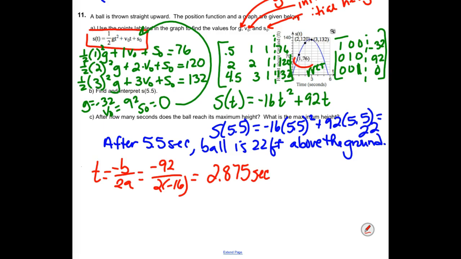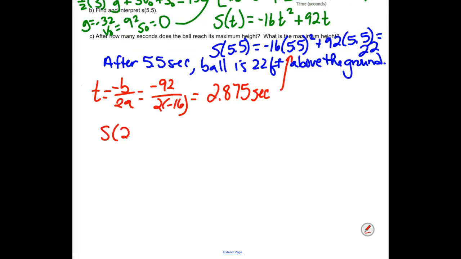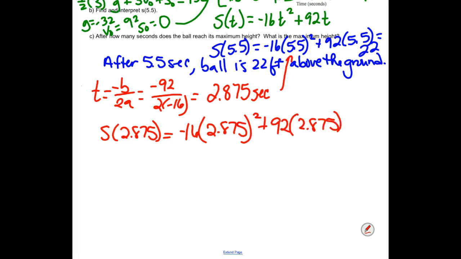Our maximum is actually at 2.875 seconds. Can we then dump that back in just like we did here and figure out our height? All right. So plugging that in, we should get a height of 132.25 feet.